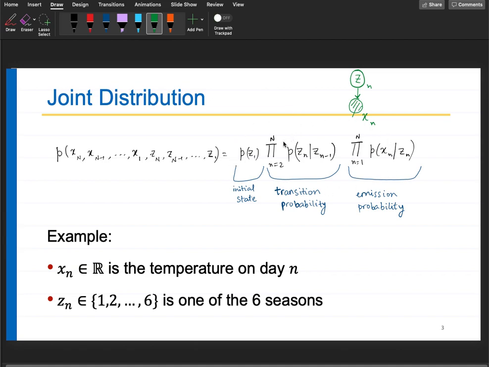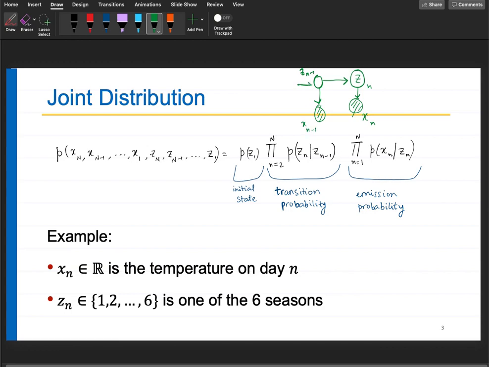We derived this in the last class. This is the transition probability: from the previous Zn-1, I go to Zn. And this is the emission probability. I can expand this: Zn-1 gives rise to Zn, and also it results in Xn-1.